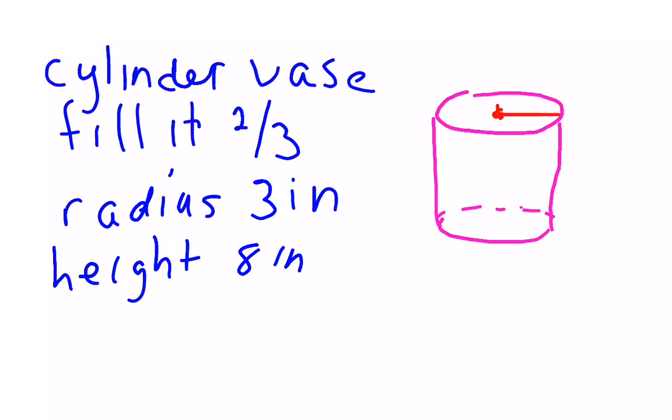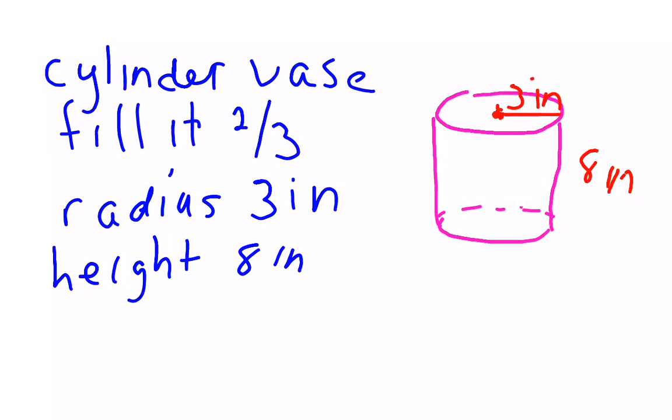So we're going to create a radius of 3 inches. And then a height of 8 inches. So in this aspect, what do we need? What don't we have in this case in order to fill it? Because we also have this weird fraction that we have to deal with, right? 2/3. So what happens is we have to figure out how much this cylinder vase holds.